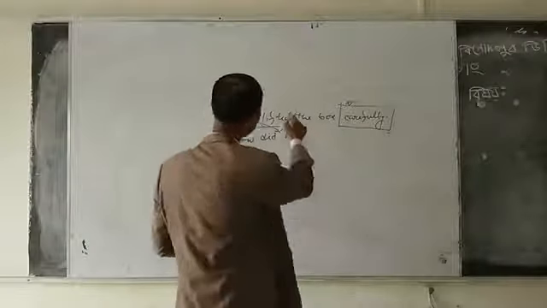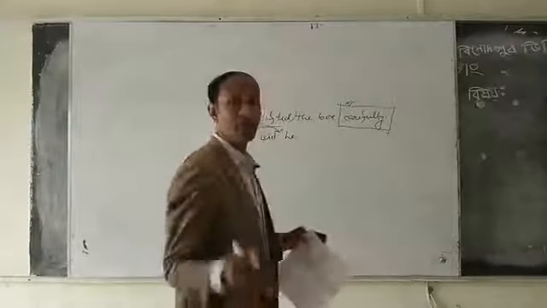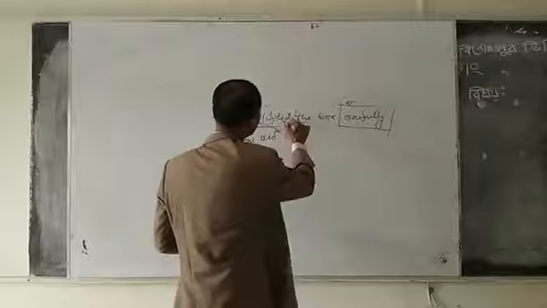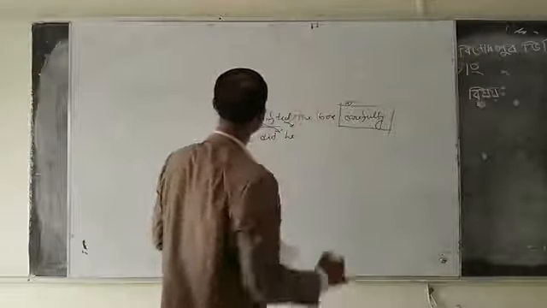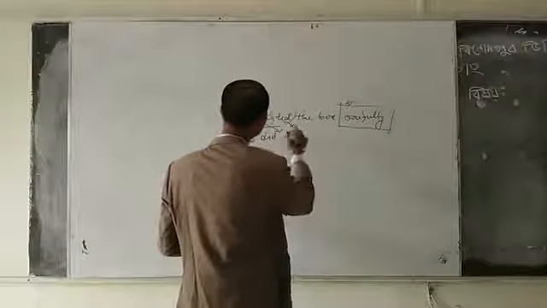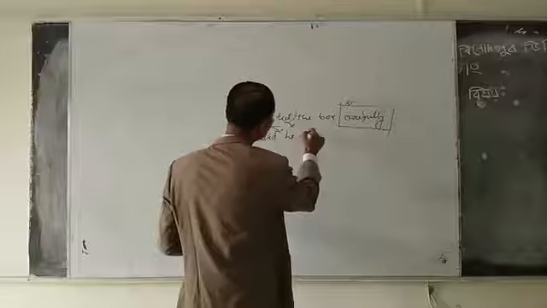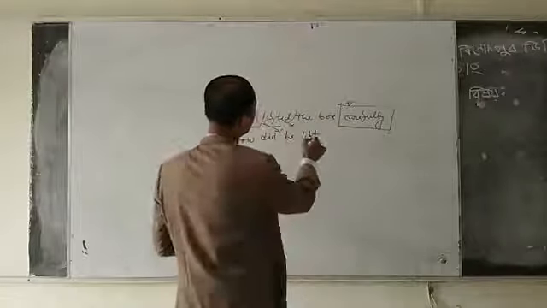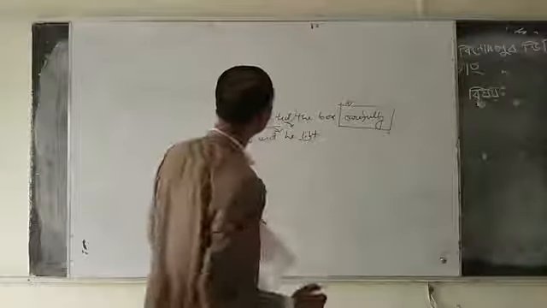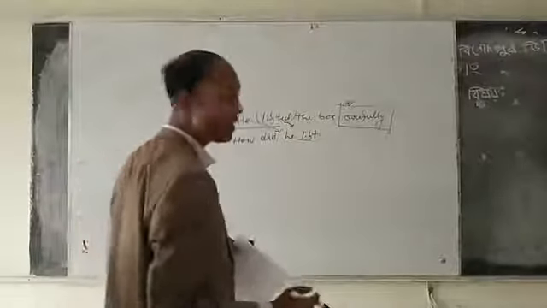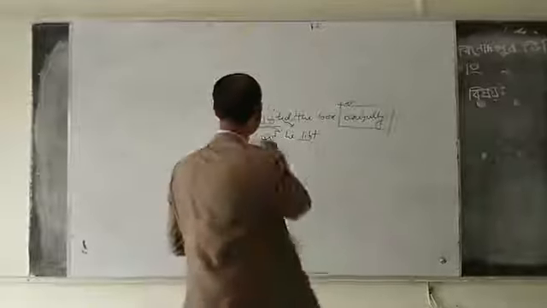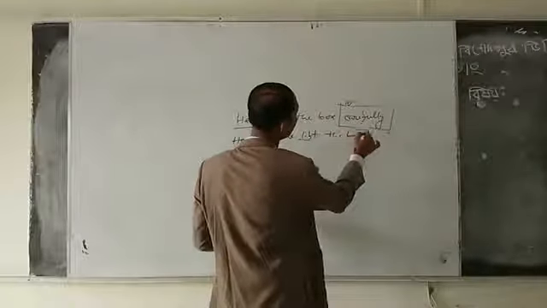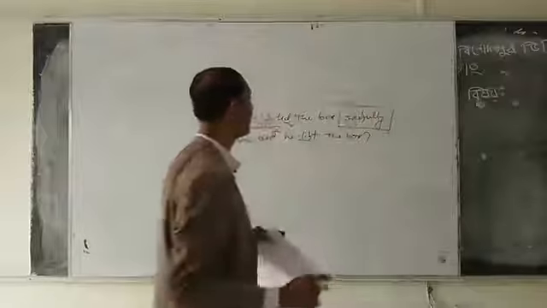Then we will put main verb, but we will put main verb in the present form. How did he lift? Lifted is the past form of lift. Okay? How did he lift the box? Okay? This is the exact answer.